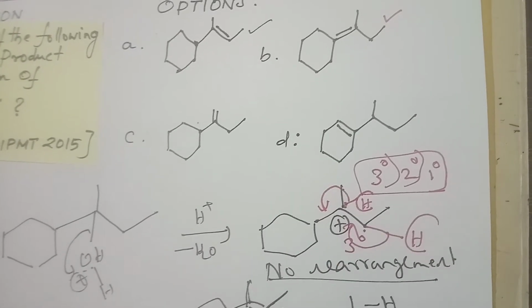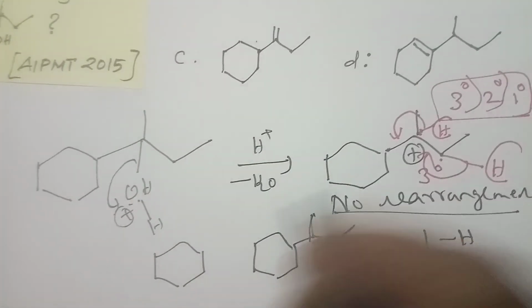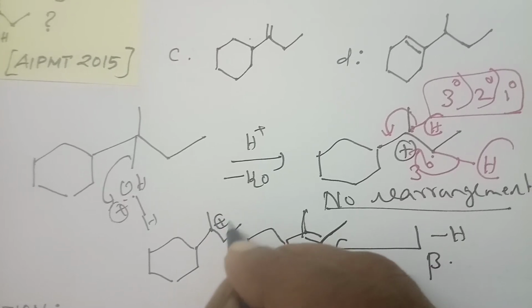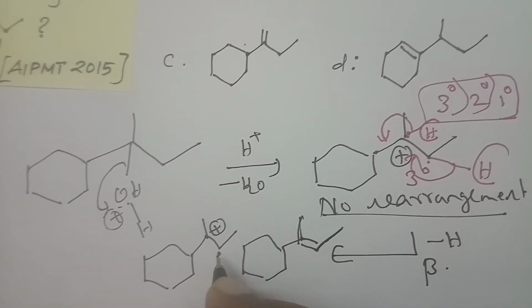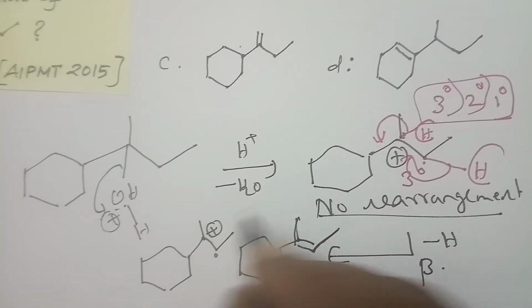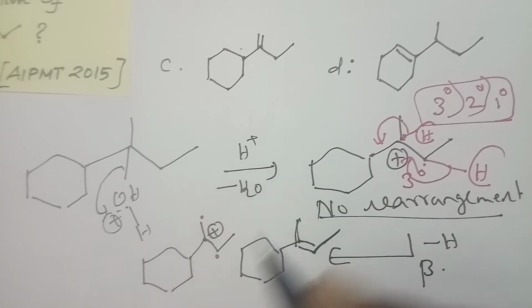Now let me follow it. I am giving a separate diagram just to avoid overcrowding. Here this is the formed carbocation. I have finished this carbon, and the hydrogen from the top carbon is also completed.